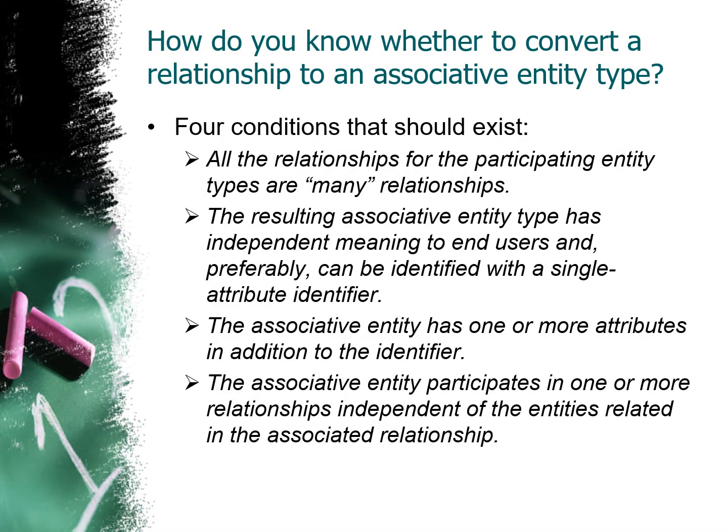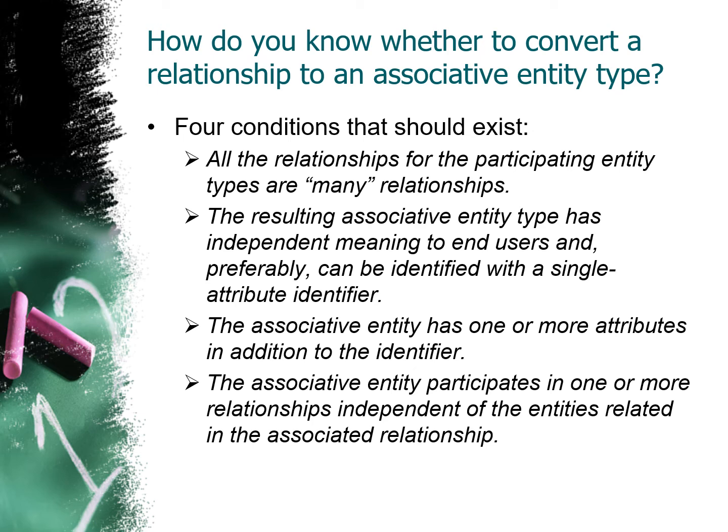So now, just like what you probably wondered earlier, how do you know whether to convert a relationship to an associative entity type? Here are some of the conditions that should exist. First, all the relationships for the participating entity types are many relationships. There's a many-to-many relationship. Second, the resulting associative entity type has independent meaning to end users and preferably can be identified with a single attribute identifier.